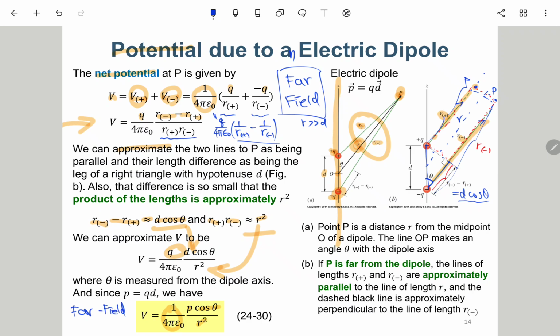So this V is actually useful for antenna design. It tells you that the potential is related to the angle. Of course, this is not with a dipole as the antenna.